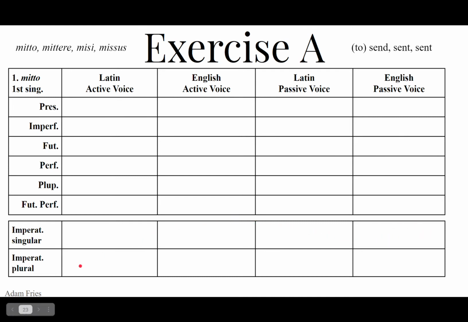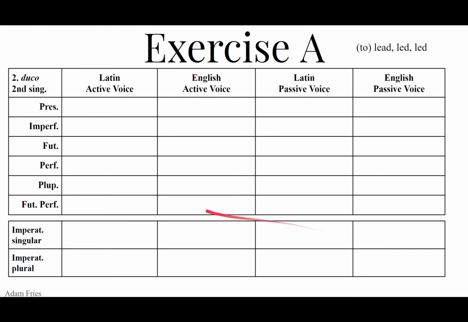The imperative plural active, present stem mit, M-I-T-T, and then ite, I-T-E, mittite, send ye. Come on, guys, send. And then the passive, mittimini, be sent ye. Come on, do it.